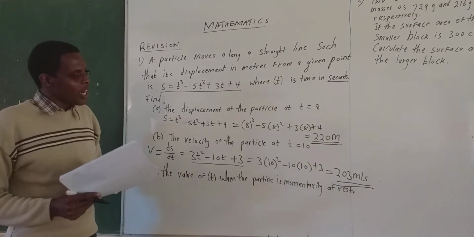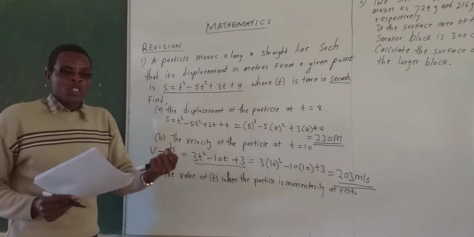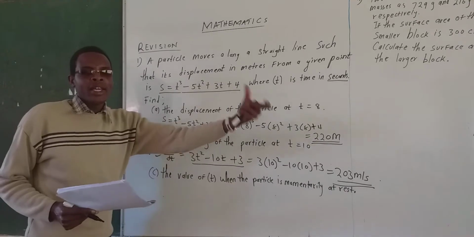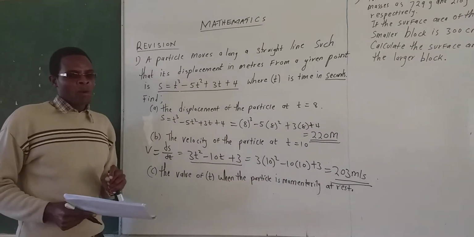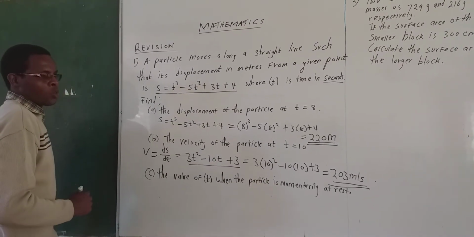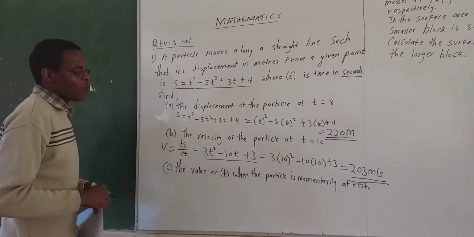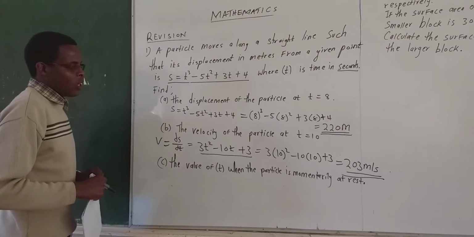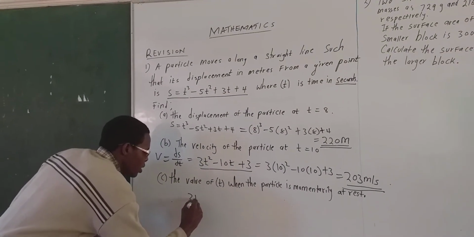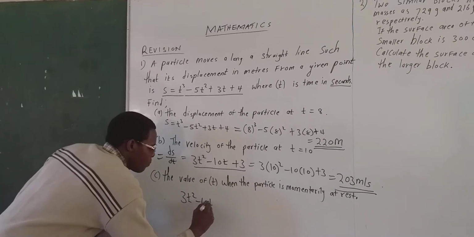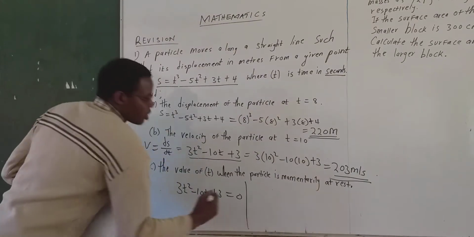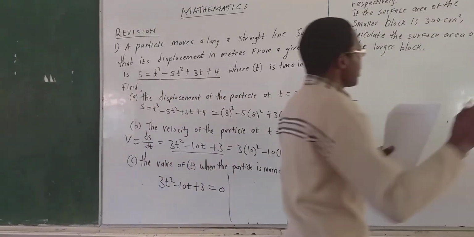The t you find is the time when the particle is momentarily at rest. So you come and equate this to 0: 3t squared minus 10t plus 3 is equal to 0. Let us try to do this one here.